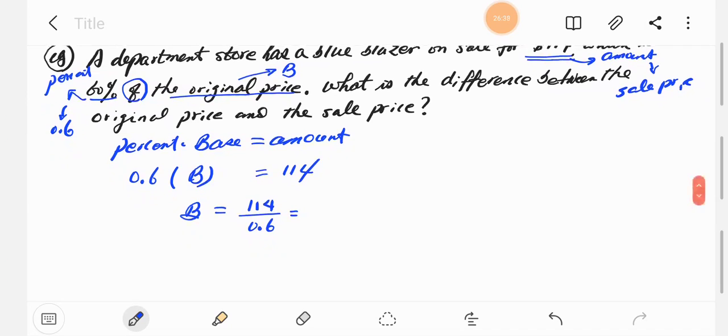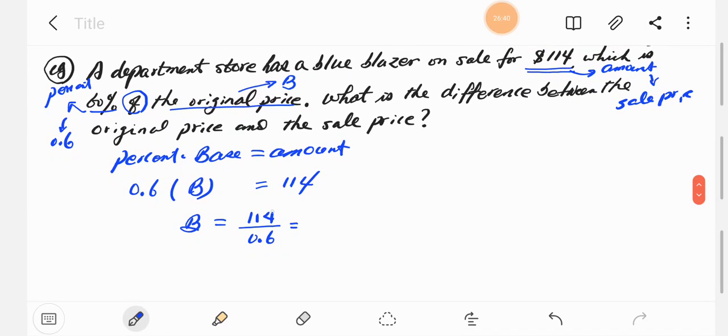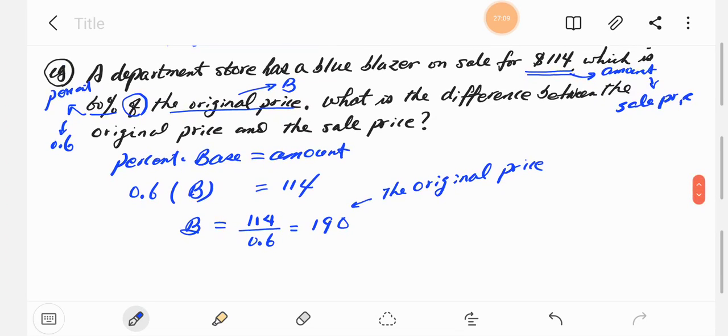Then you get 190. So this is the original price. So 114 is 60% of $190, the original price.